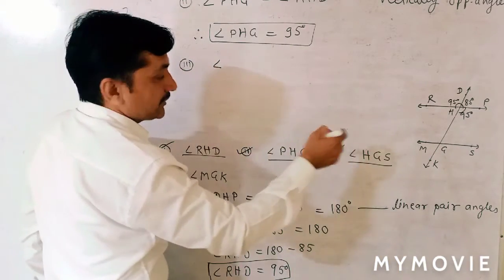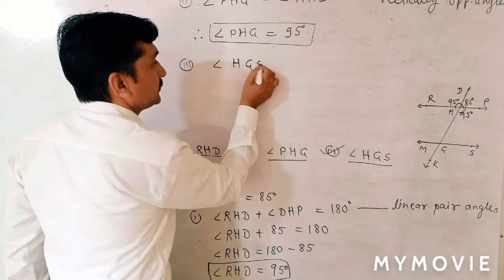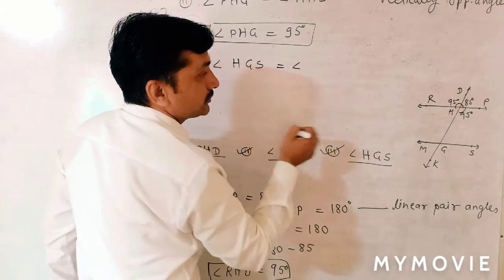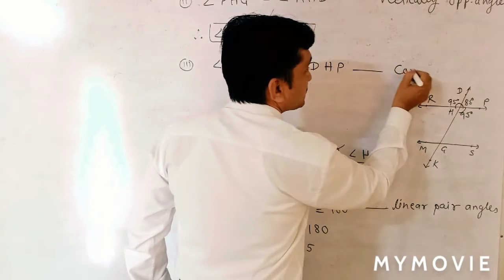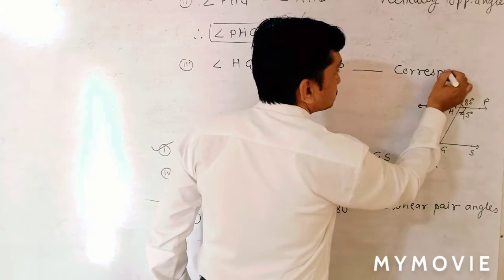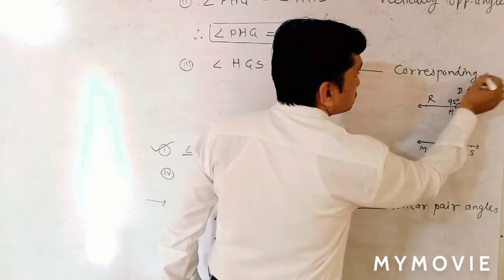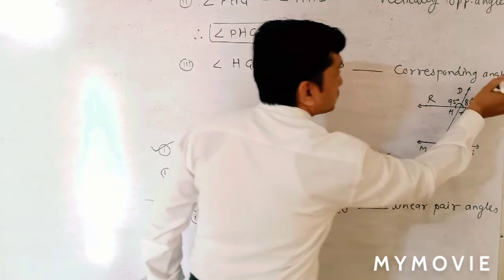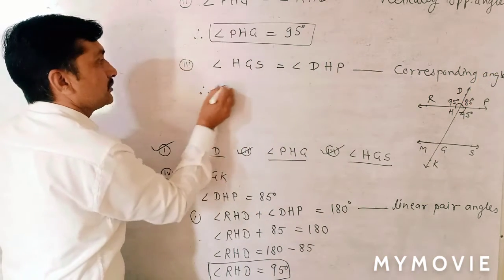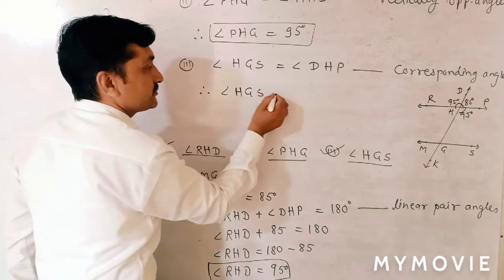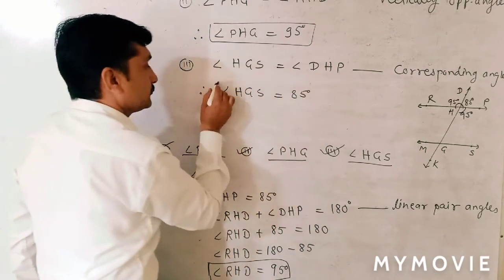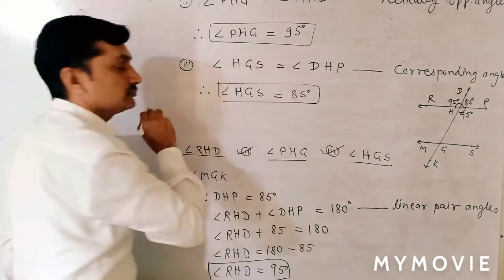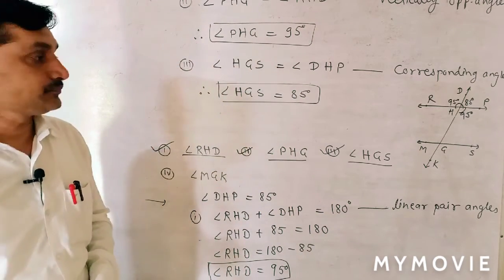Angle HGS is equal to angle DHP. Reason: corresponding angles. Therefore, angle HGS is equal to DHP, which is already there, 85. We got the third angle also, 85 degrees.